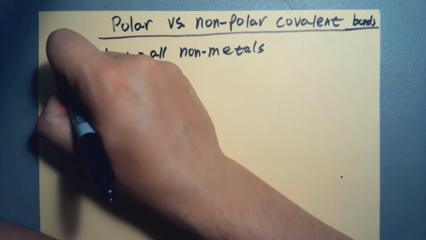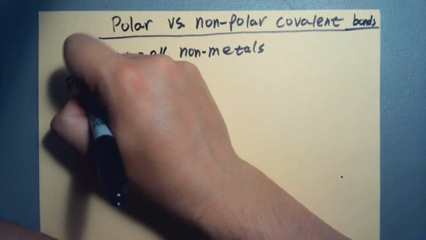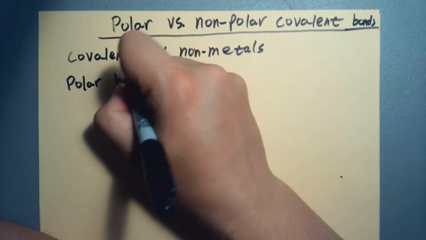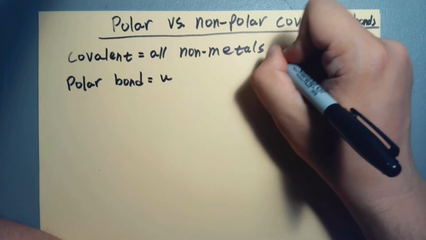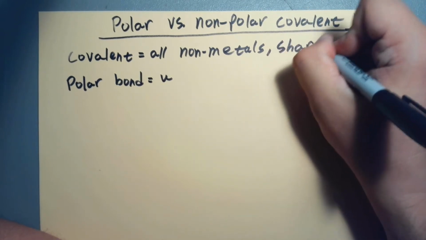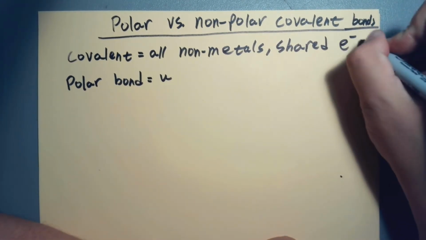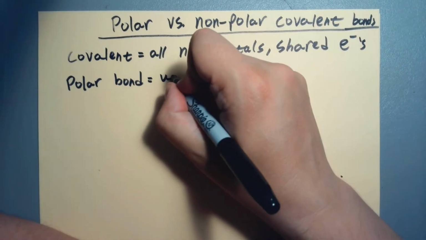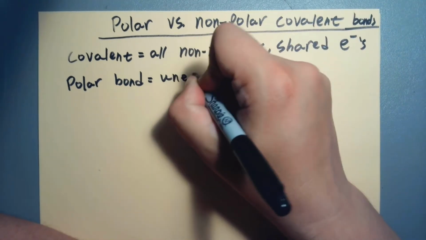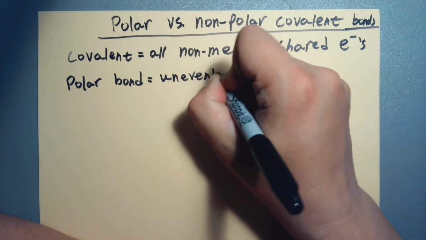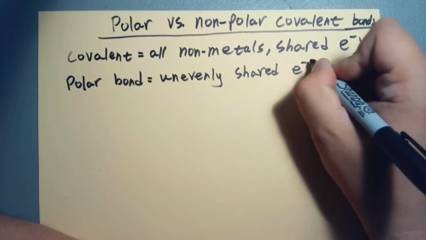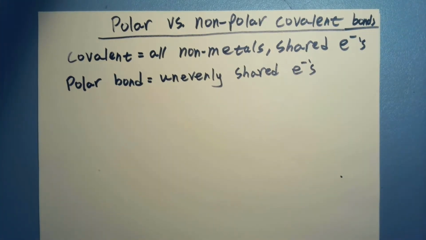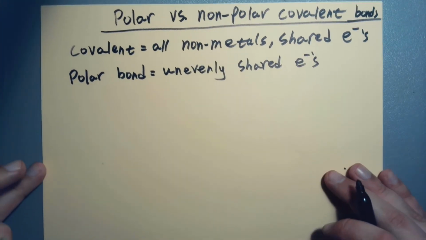And so we can have an uneven sharing of electrons, and that gives us a polar bond. So I should also add, covalent equals shared electrons. Well, polar bond is unevenly shared electrons. So I'm going to abbreviate as E minus because life is great with shortcuts.